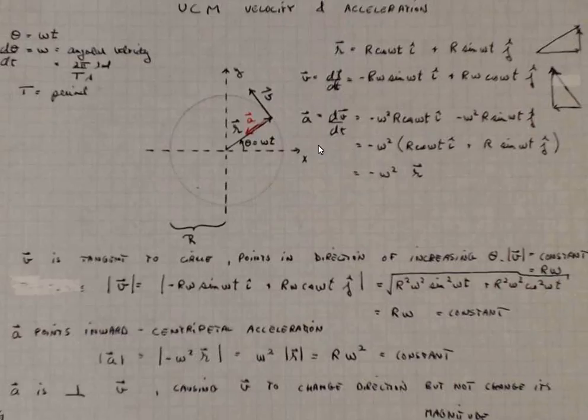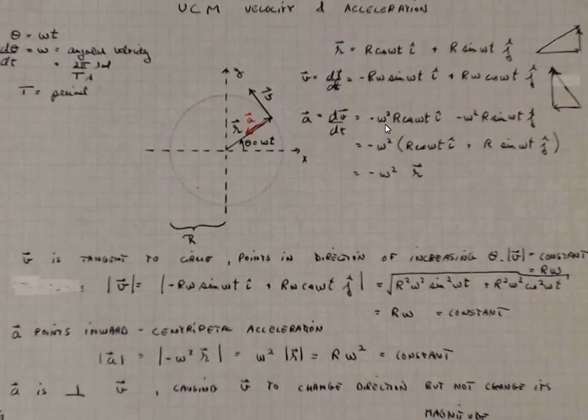What about the a vector? To get the a vector, I'm going to differentiate the v vector. If I differentiate sine omega t, I get omega times cosine omega t, so I end up with minus omega squared r cosine omega t times i hat. If I differentiate cosine omega t, I get minus omega sine omega t, so the j hat component is minus omega squared r sine omega t.